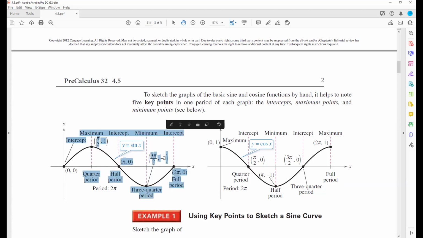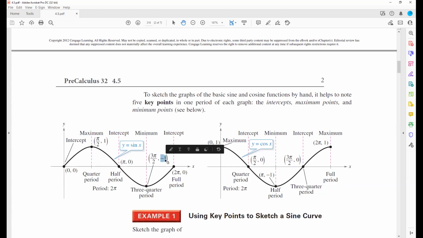So if the question says, what is the minimum value of the sine function? You're going to say the minimum value of the sine function is -1, and it happens at 3 pi over 2. When x is 3 pi over 2, my y value is -1.